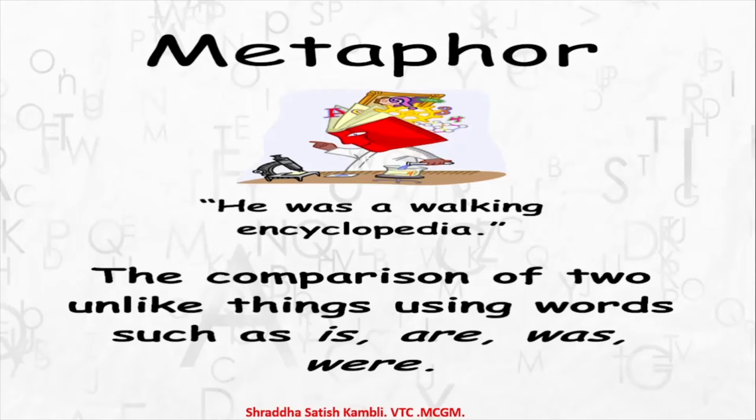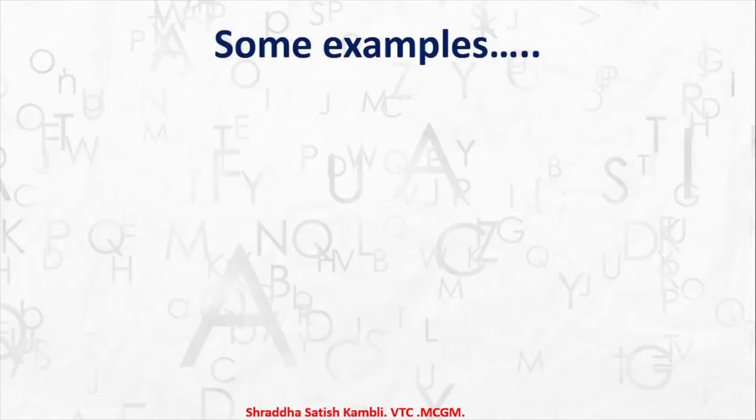So he was a walking encyclopedia. So the comparison of two unlike things using words such as is, are, was, were is called what? It is called a metaphor.